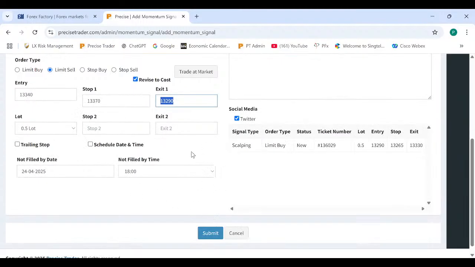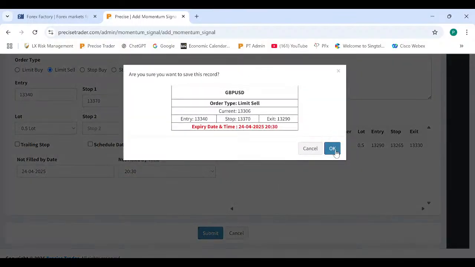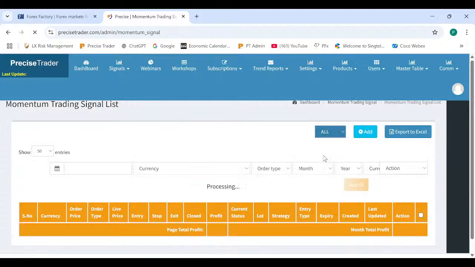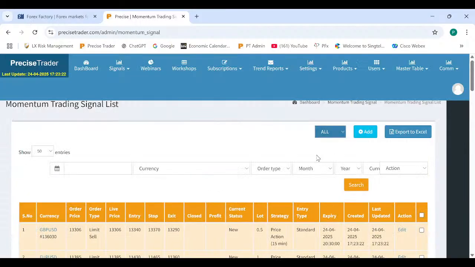Okay, so I think probably I just want to go for a half lot, and this one we will go until 20, 30 or 21 level. So this is about 40 pips away. Okay, just give me a minute.